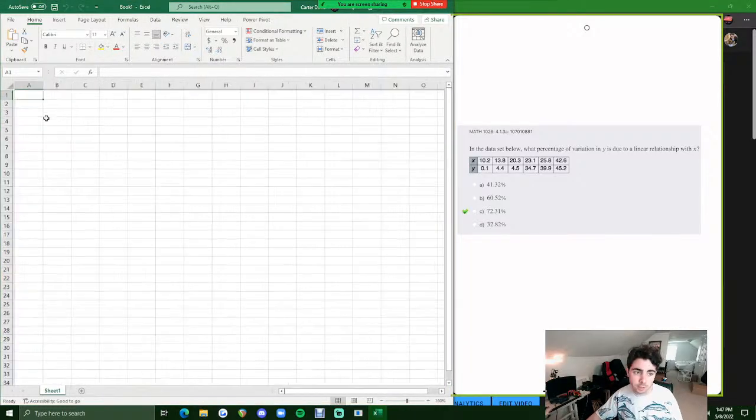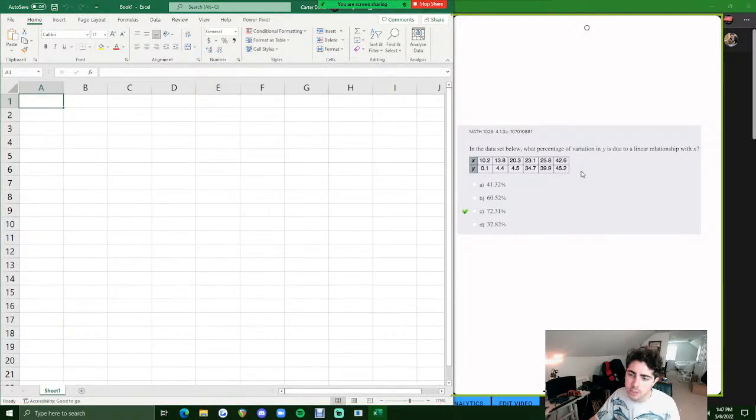All right, so in this problem, they ask in the data set below what percentage of the variation in y is due to a linear relationship with x. Whenever you see this, this goes back to when you learned something about correlation coefficients or R values.